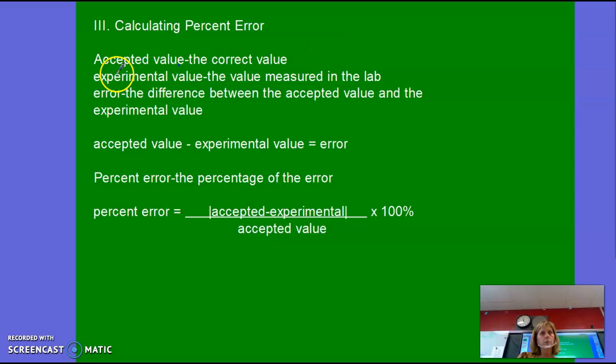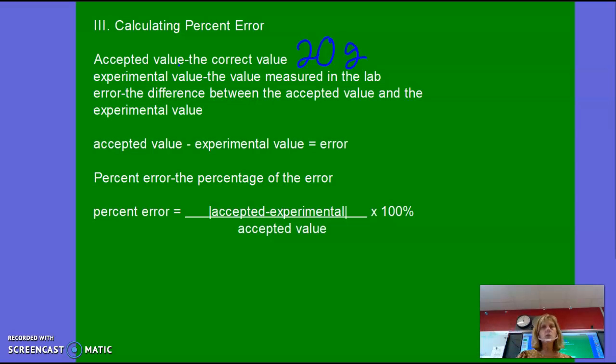If it's a sample that I gave you, let's pretend that the accepted value, we're doing an experiment, and I gave you 20 grams of a substance. And let's say that based on the chemicals that we were reacting, our yield should have been 20 grams.